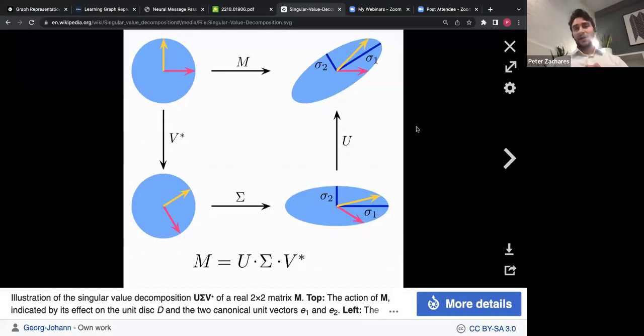So let's just think about a matrix. A matrix is a linear mapping from one vector space to another. One of the key properties of a matrix is its rank, which is the number of linearly independent columns in the matrix, or in its column space, it's called. In the context of neural networks, the linear independence of those vectors is kind of like the number of features that matrix is extracting from the input information.